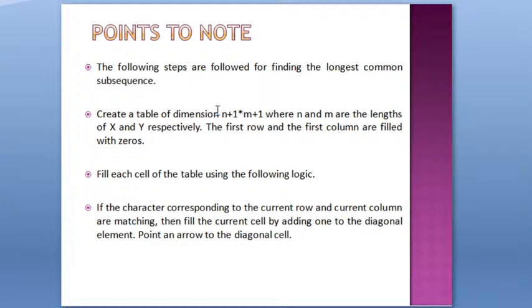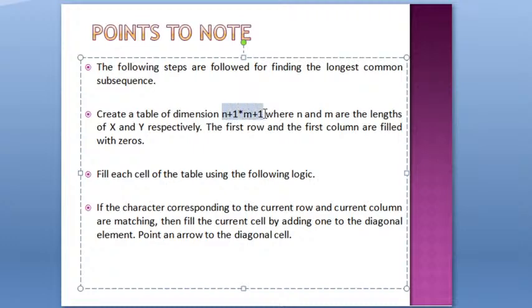That is, if the table's original dimension is n and m, then while solving this problem, we need to create our table with the dimensions of n plus 1 into m plus 1. Okay? Where n and m are the lengths of x and y respectively.